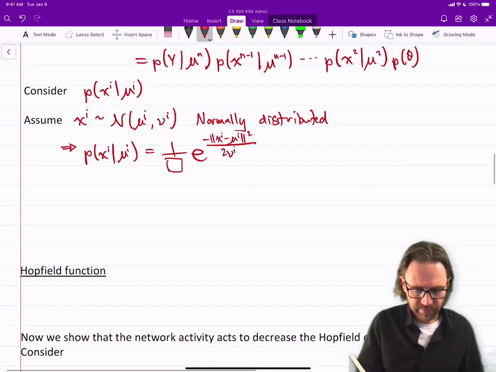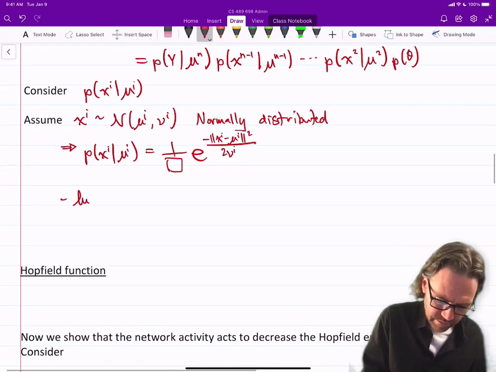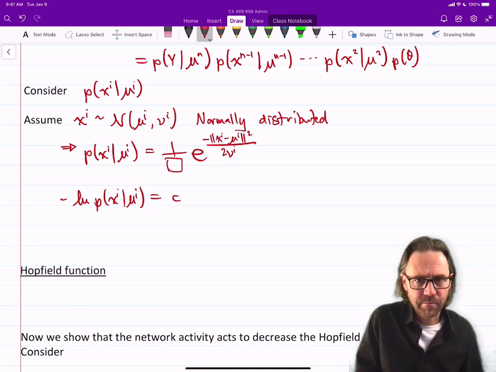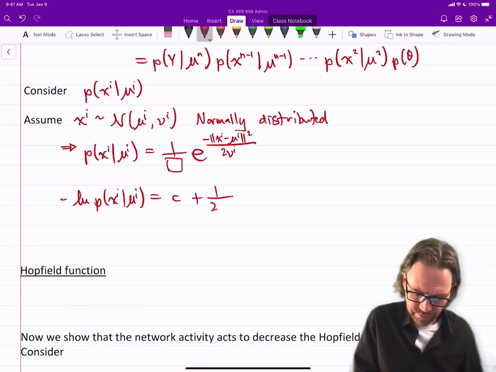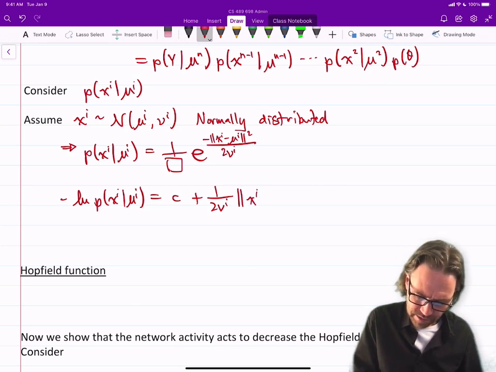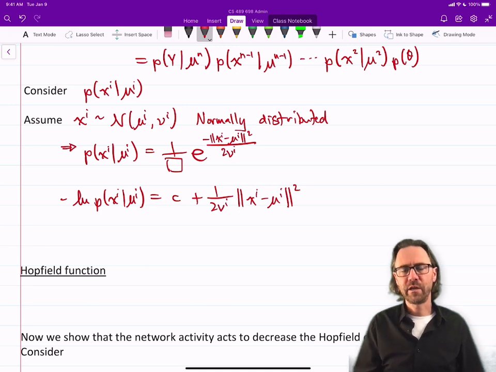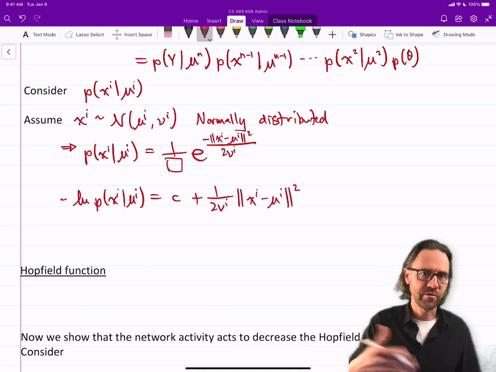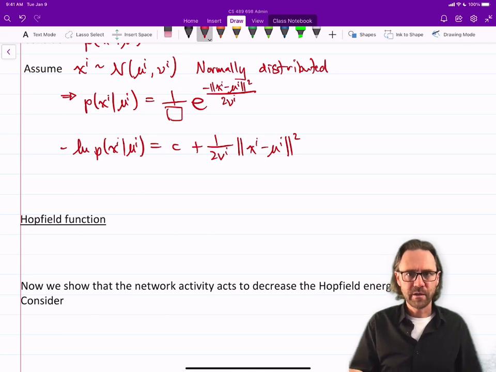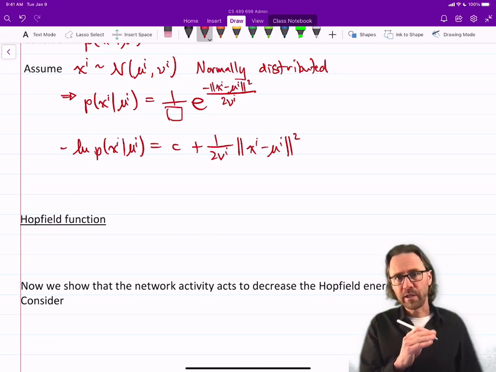Now taking the negative log of that gives us some constant plus 1 over 2 eta i times (xi minus mu i) squared. So you've probably seen this a number of times, right? Taking the log of a Gaussian turns it into basically a squared error situation. So that's just for one layer.